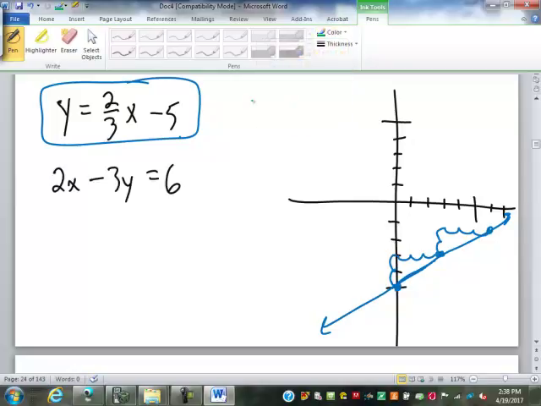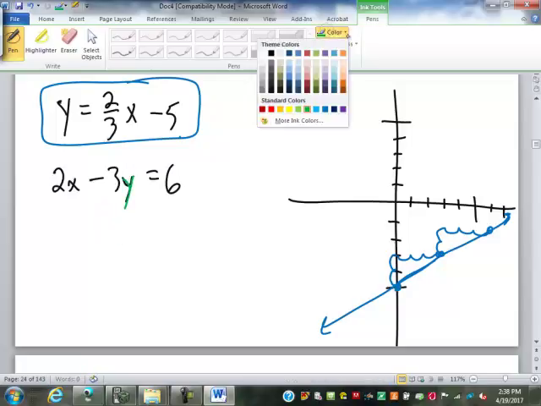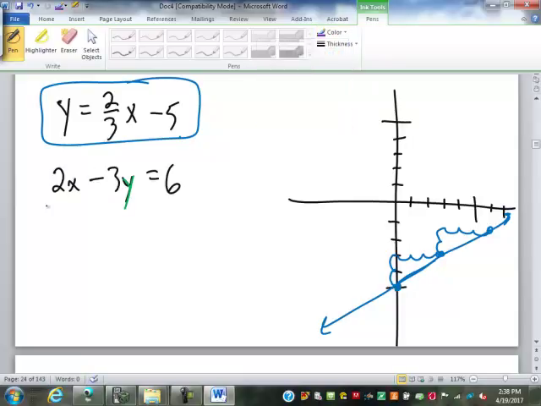The second one, is that ready to graph? No. What do I have to do to it? Get y by itself. Yep, we have to get y by itself, exactly. Where would I start to do that? Subtract the 2x, make that go away. So we've got negative 3y equals 6 minus 2x.